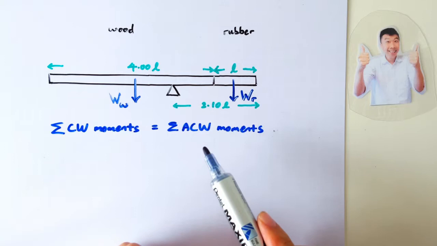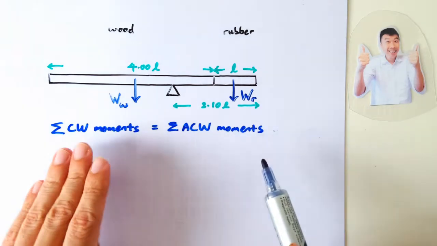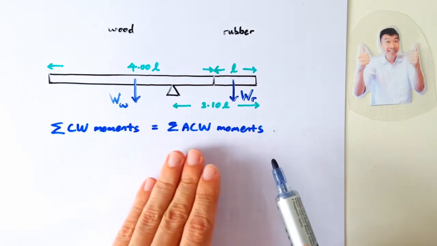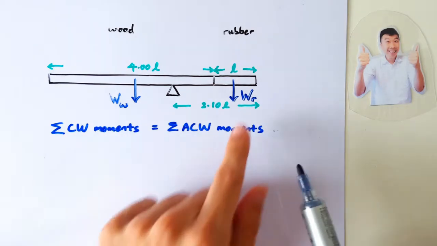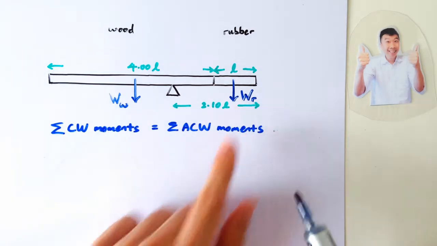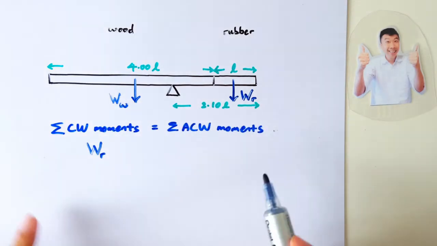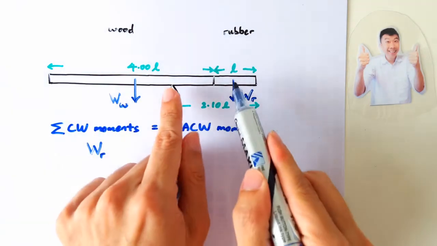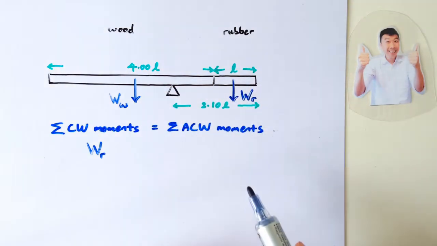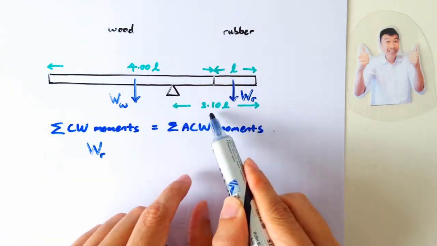Okay, so the sum of clockwise moments should equal the sum of anti-clockwise moments. This is the one that exerts a clockwise moment. So WR multiplied by the perpendicular distance to the pivot, which is this length here. From here to here is 2.1.